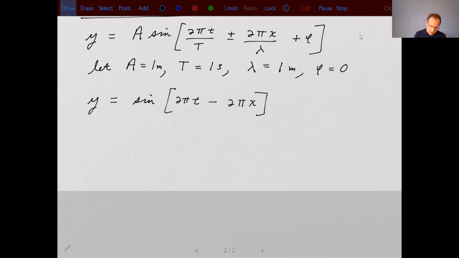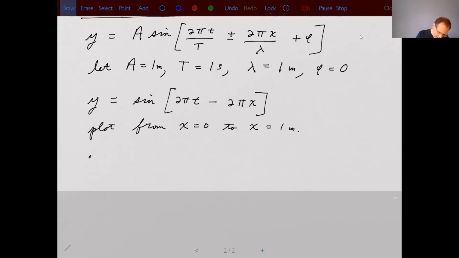Okay, so what I want to do now is plot this function from x equals 0 to x equals 1 meter. So that'll be along the horizontal axis, from 0 to 1. And then I want to plot it at particular times.